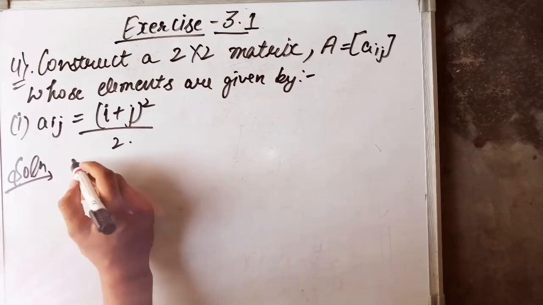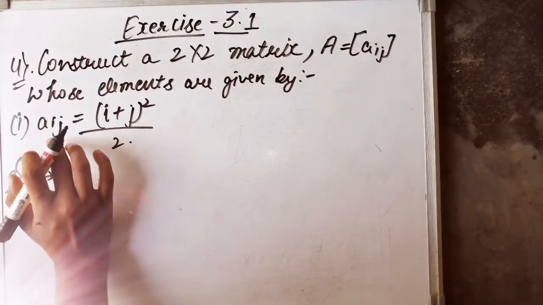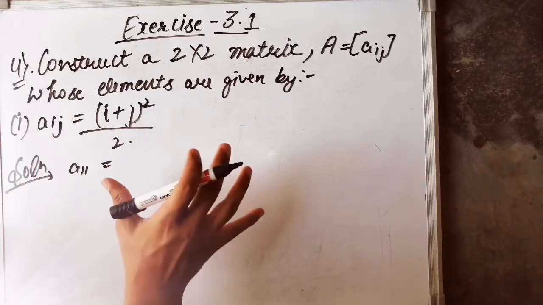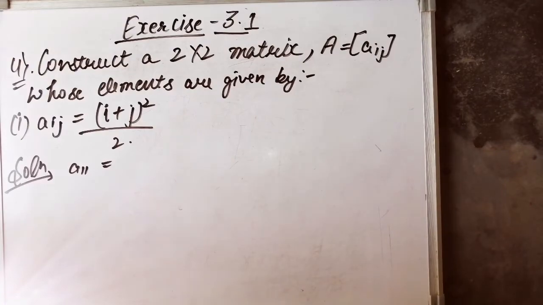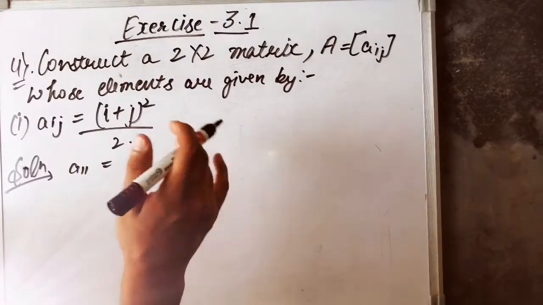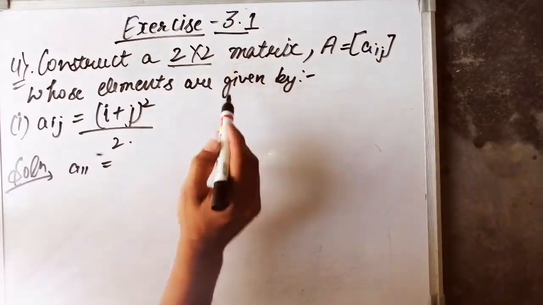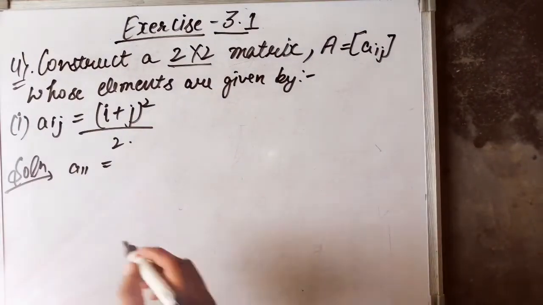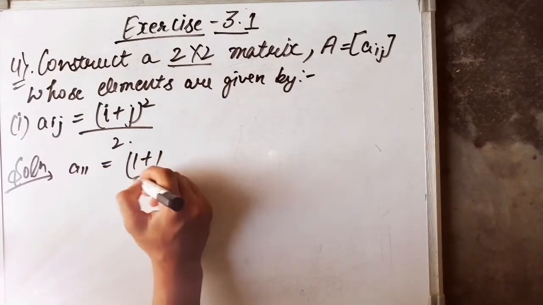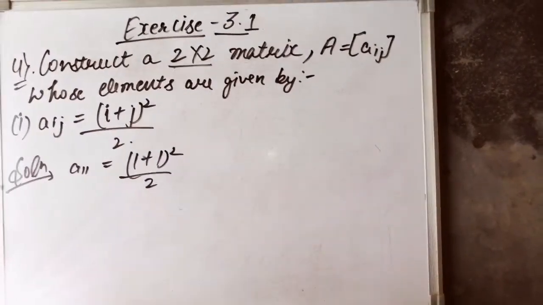And for the solution, first of all, you need to place this Aij with A11, basically the element which you need to find out. The number of elements you need to find will be 4, because the matrix is of order 2 cross 2. Let's see our first element, A11: (1 plus 1) whole square divided by 2.